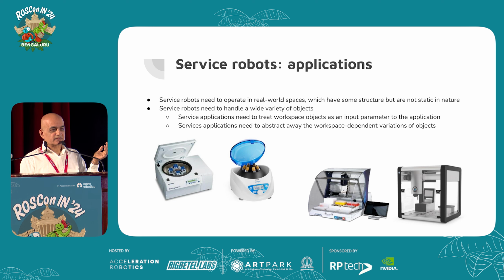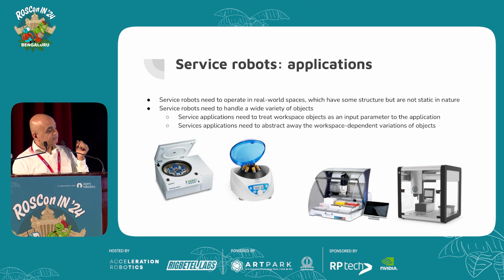Or it could be a more sophisticated instrument, like this pipetting instrument, which is automated in itself. But as a robot, you have to operate it. You need to know which buttons to press and how to operate it. The implication is that you have to understand how to abstract away some of these low-level details which are dependent on the workspace. So that's number 2.